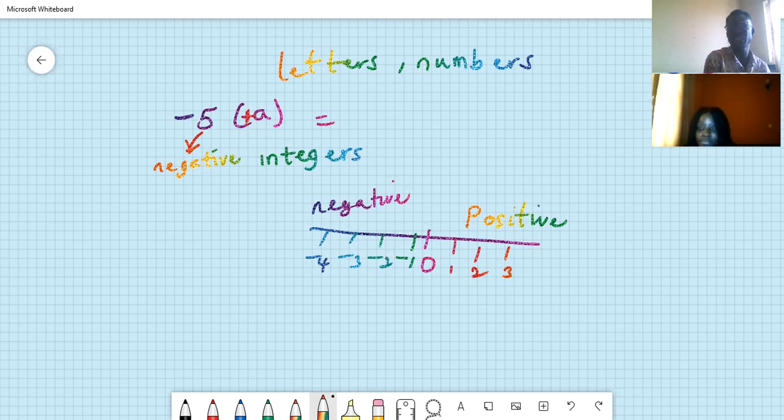So we assume that the letter, which is the alphabet, is also standing as if it's a number, but in the real sense it's not a number. Okay. So here now we say our minus times plus is going to be what? Minus. Yes, minus. Okay, so 5 times a is going to be what? 5a. Yeah, good. So this is simplifying this now. So that's our final answer for this.